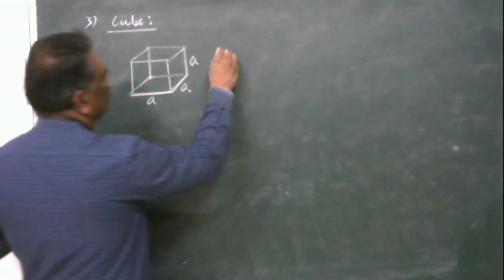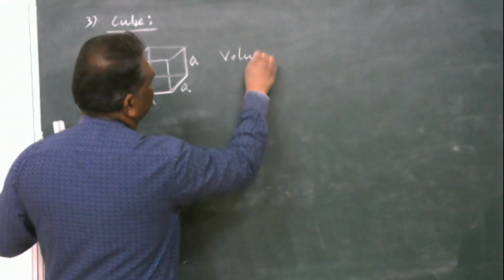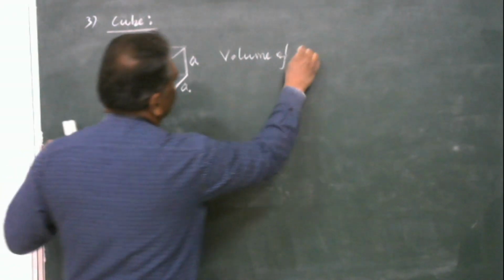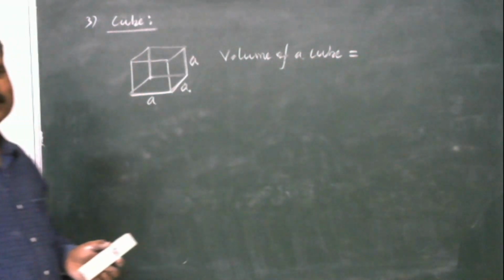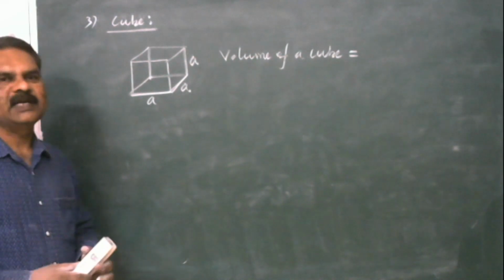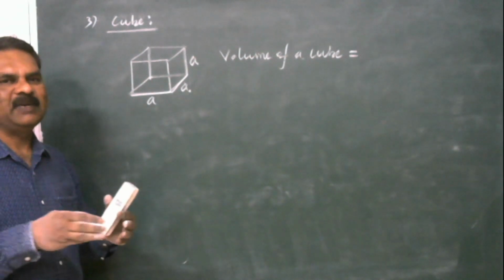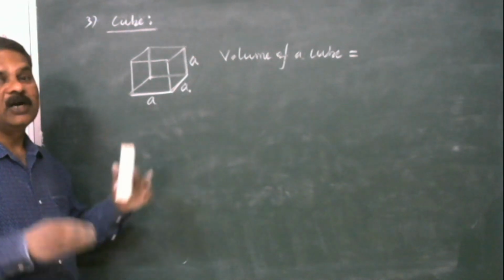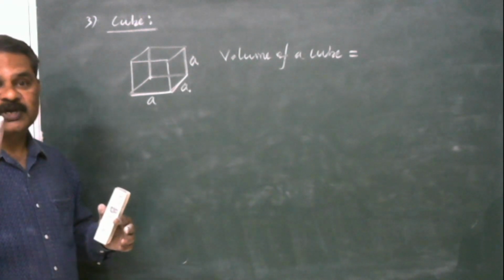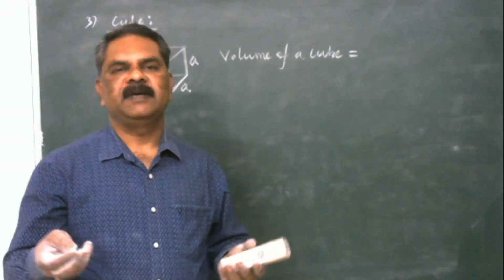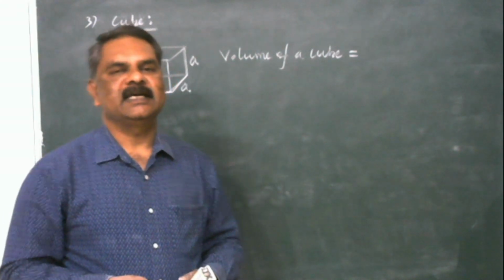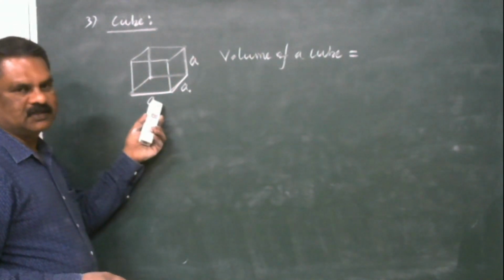Then the volume of a cube. As I told you, area is how many unit squares can be placed within a plane portion. Similarly here, how many unit cubes can be placed inside this cubical box?